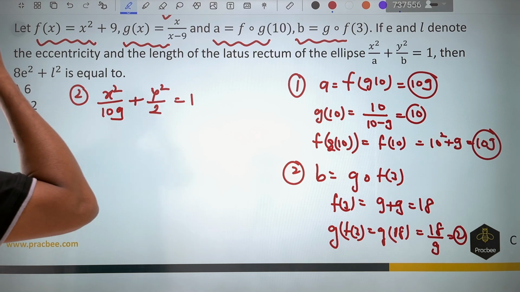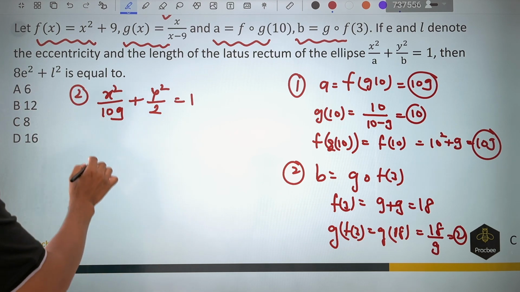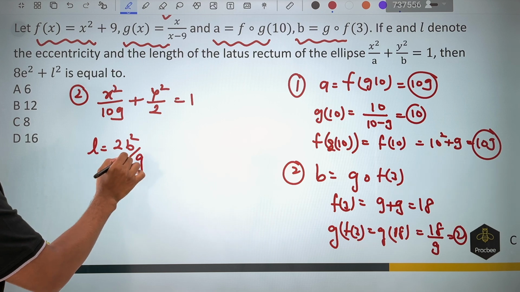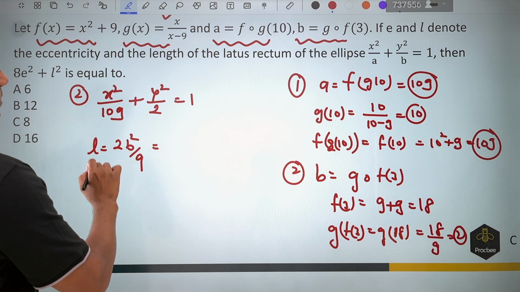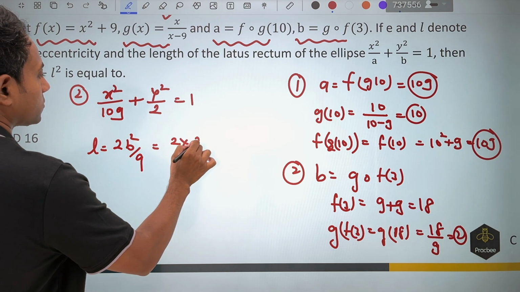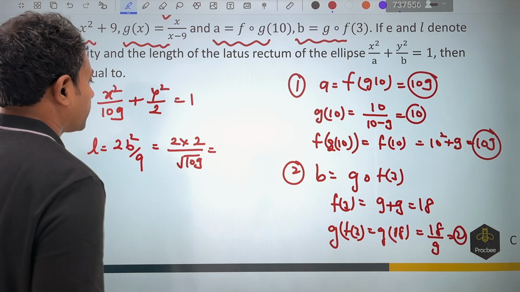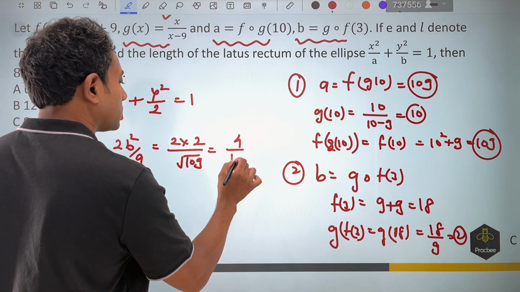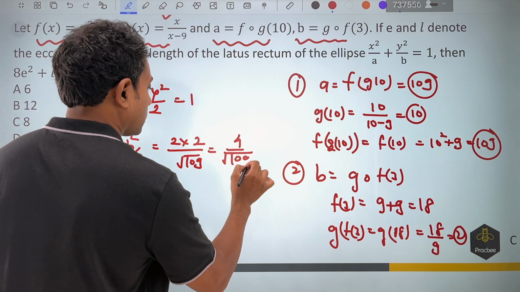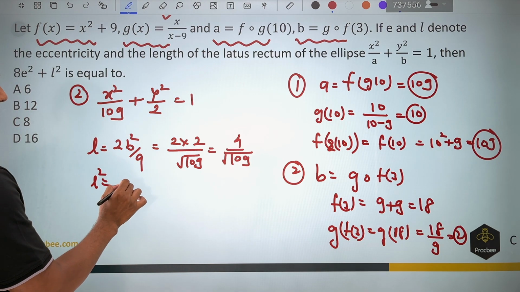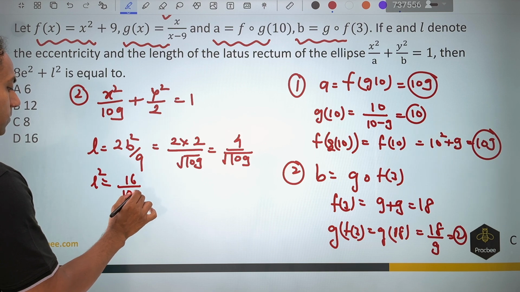So if I want to find the length of latus rectum, it will be 2b square by a. So you can see that this will be 2 times 2 by root of 109. So it is 4 by root 109. If you want to find the value of L square, it will be 16 by 109.